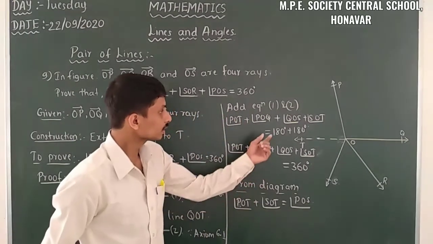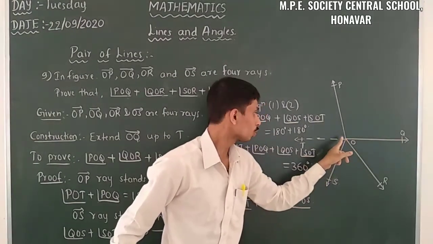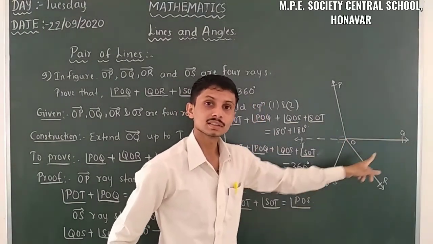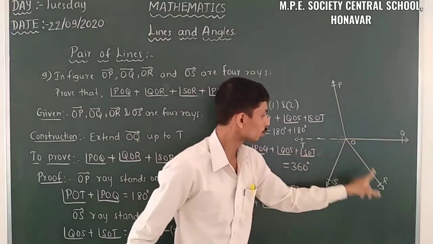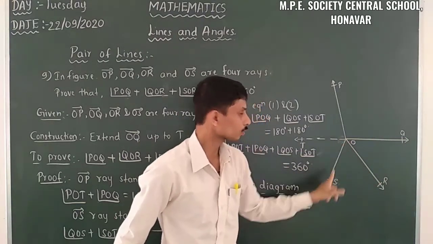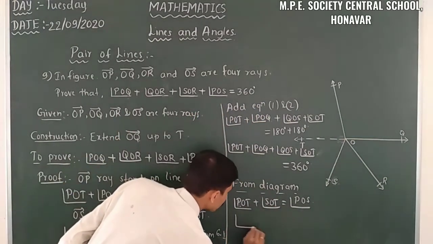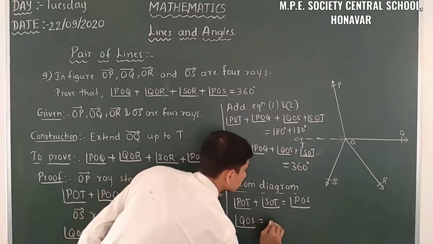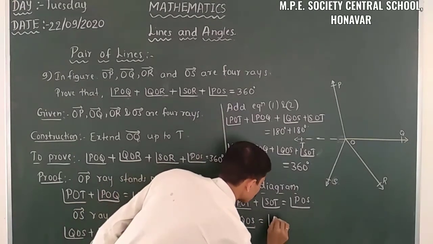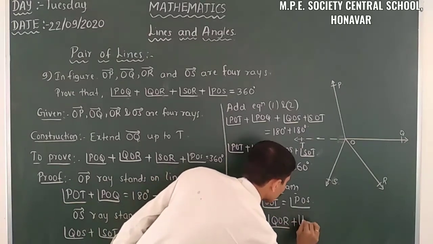Then angle QOS can be written as the sum of these two adjacent angles, QOR plus ROS. So angle QOS is equal to angle QOR plus angle ROS.